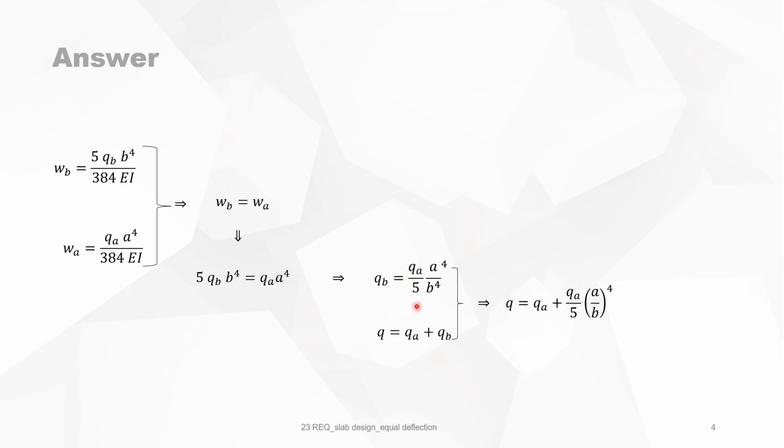From those two, you find easily that the total load can be expressed in the load of QA and this, or you write it like this, which is easy to use: QA, the total load transfer in direction of A, is equal to the total load divided by this factor. And for QB, it's the same.